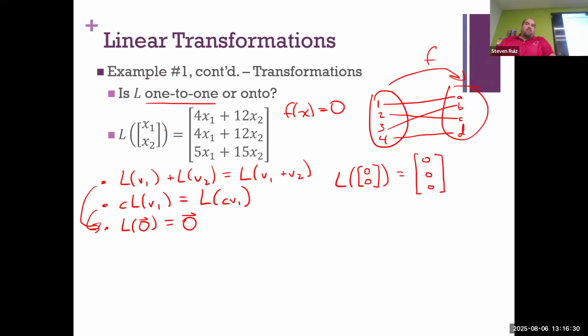So why am I bringing that up? Because if our transformation is 1-to-1, then is there some other vector that can be mapped to the zero vector?